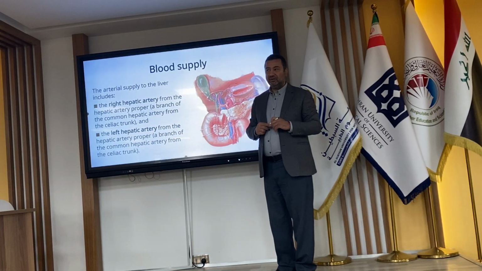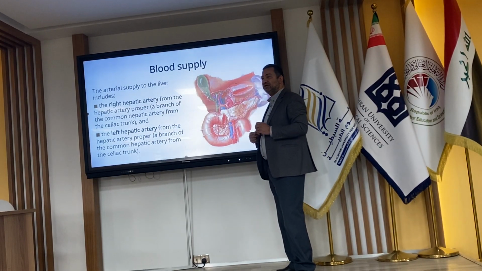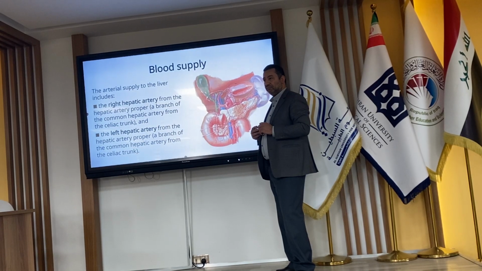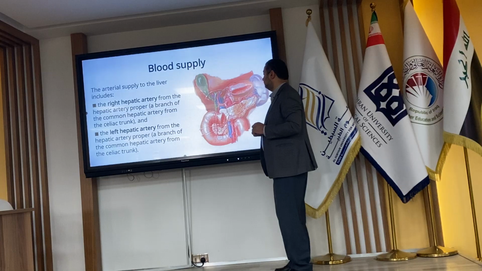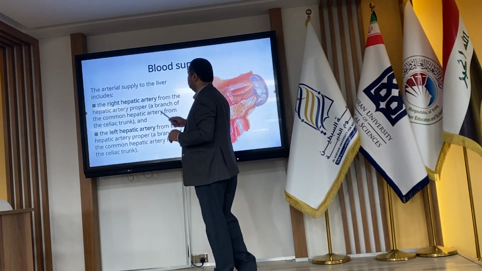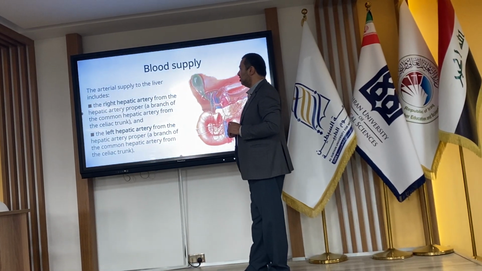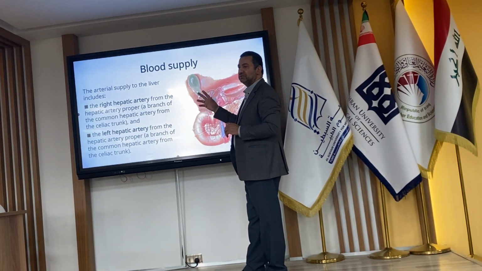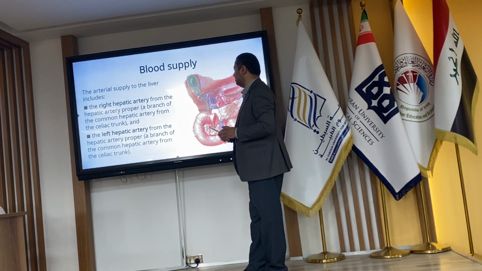We remember this is Calot's triangle or cystic triangle. Okay? Right hepatic artery is from the hepatic artery proper, a branch of the common hepatic artery, and common hepatic artery is a branch of the celiac trunk. And left hepatic artery is similar.